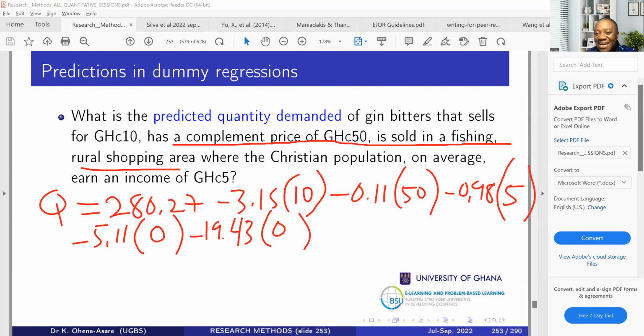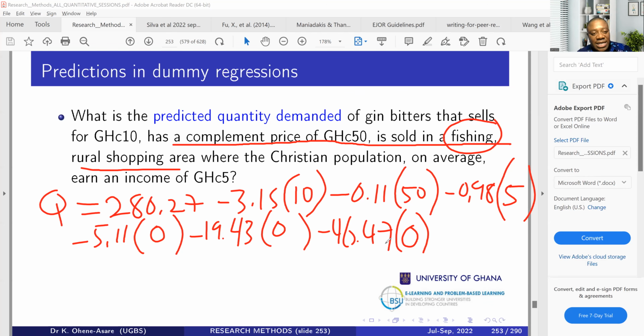You are told that the people are in a fishing village. So even if you go and write the other one, by the way, the value of the other one is negative 46.47. That one is occupation trading. But you have been told that the people are in a fishing village, so trading is 0. You have been told that the people are Christians.